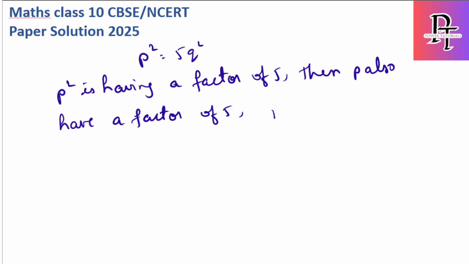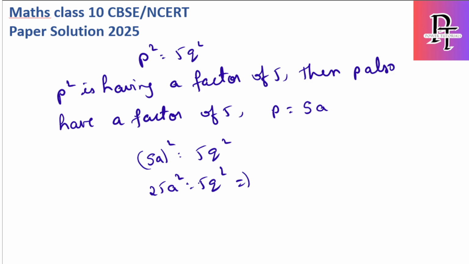So I can replace p as 5 into a. Now I can write 5a whole square is equal to 5q square. 5a whole square is 25a square is equal to 5q square. So 5 cancels, then we'll get q square is equal to 5a square.